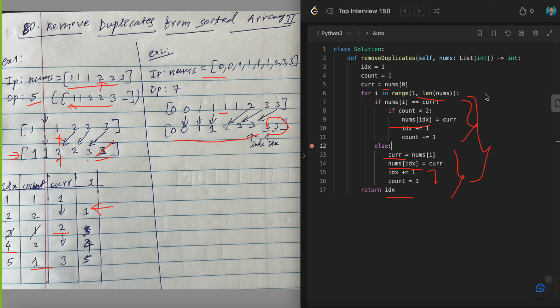And the space complexity is order of 1, because we are using just constant space, and internally we are just modifying those variables, so we are not using any extra space. Even for storing the answer, we are just modifying the given array in place, so the space complexity is order of 1.